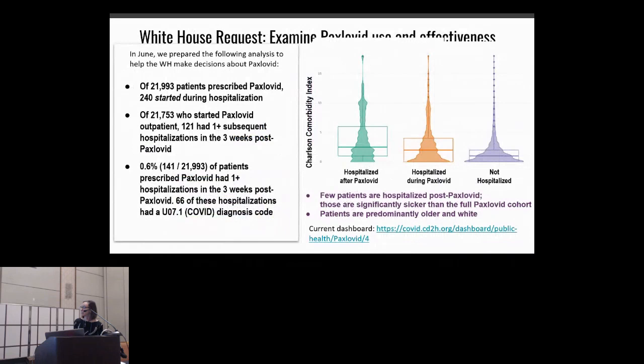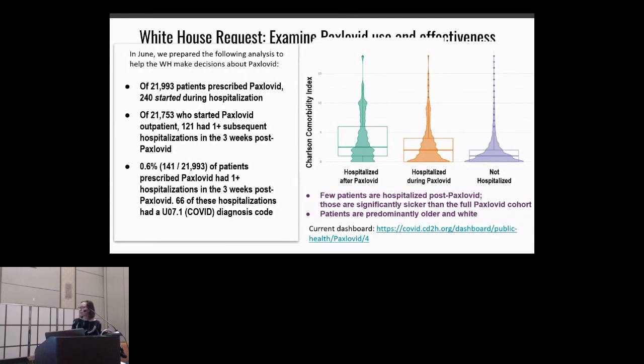This is another really exciting outcome. Early on, we had the most Paxlovid data when Paxlovid was first being used to help prevent acute and severe COVID. And the White House came to us and asked us for statistics to look at whether patients who had received Paxlovid were rebounding, or whether we were still seeing the same negative outcomes of patients we might predict would have severe outcomes from acute COVID.